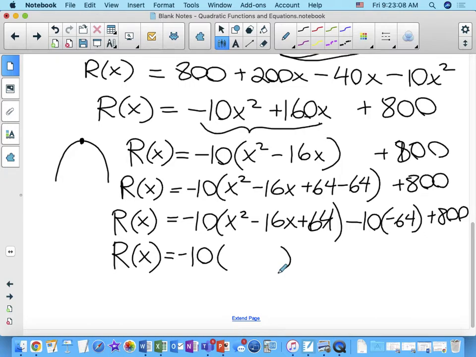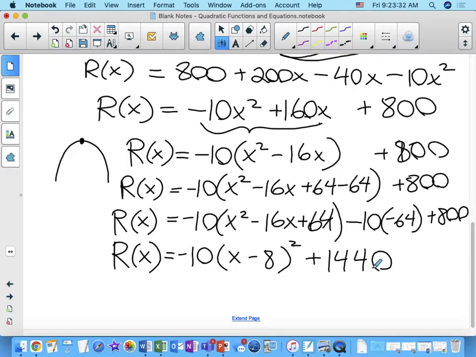Yes, x minus 8 squared. And then this is negative 10 times negative 64 is 640 plus 800. So 640 plus 800 is 1,440.